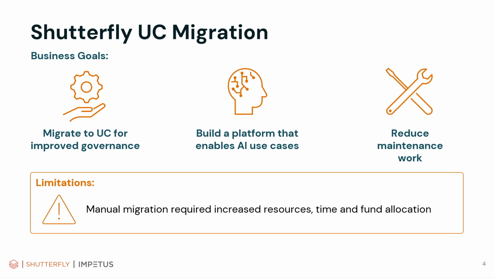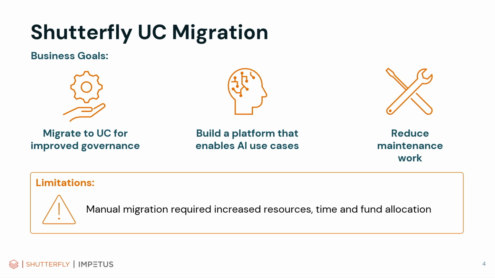One is for improved governance, through data lineage, to build a platform that enables use cases and to reduce maintenance work. But overarchingly, I think the main reason is that we want to build a platform that is future-proof, that enables our business stakeholders to build data products and data solutions that leverage the latest in GenAI, AI, BI, and other data science and other use cases.